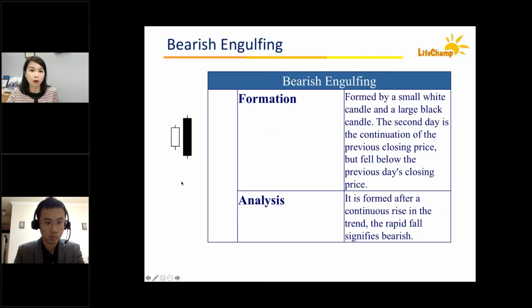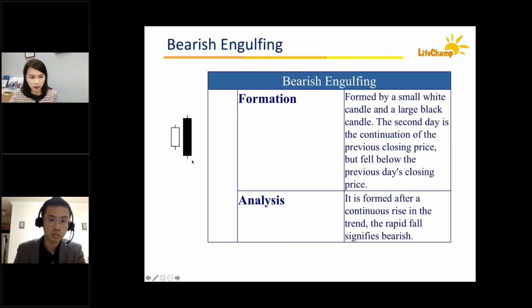Bearish is actually the opposite of the bullish. Remember just now we saw the second candlestick is a very huge white candlestick, and that's called the bullish engulfing. But this one is a wide range, large black candlestick. So this one is called the bearish engulfing. It's a very bearish day. Initially it got up, but then it went all the way down and closed very low.